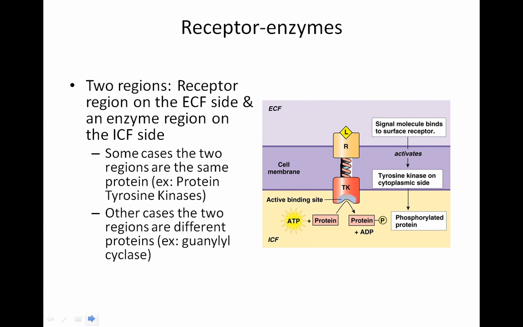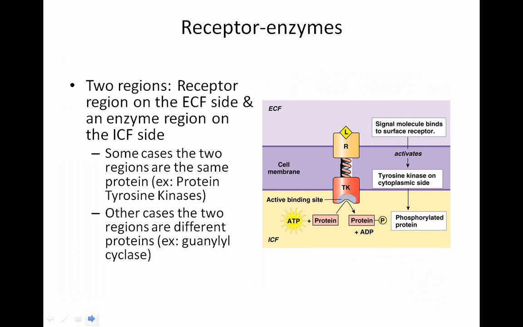Now, the receptor enzymes: you have a receptor on the extracellular fluid side, and you have an enzyme region on the intracellular fluid side, and when you stimulate, you activate that enzyme, and so you can start producing new products directly. An example of this would be the protein tyrosine kinases, which take proteins and phosphorylate them.